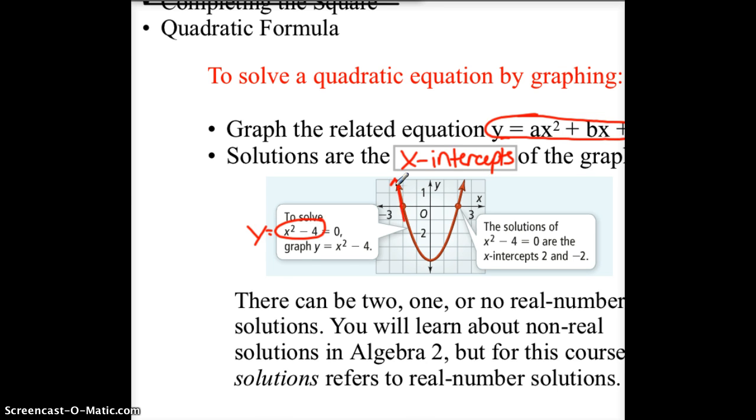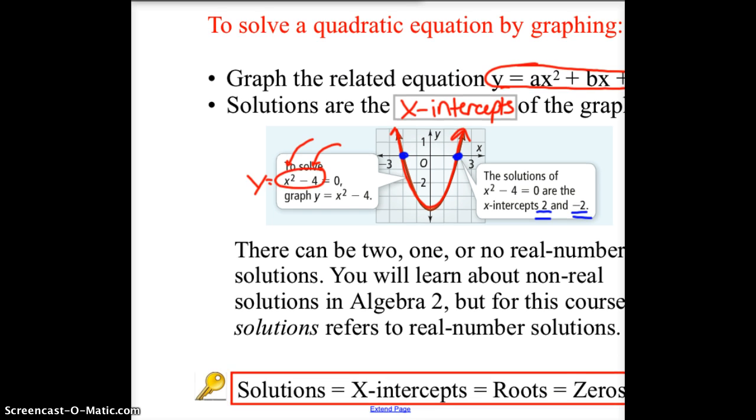And you can use our previous knowledge that we know it looks like the parent function has just been moved down 4. And because of that, when I graph it, what I've got here is what we'd call two x-intercepts, or two solutions. It's hitting at +2 and at -2. So we say those are solutions to the quadratic equation.